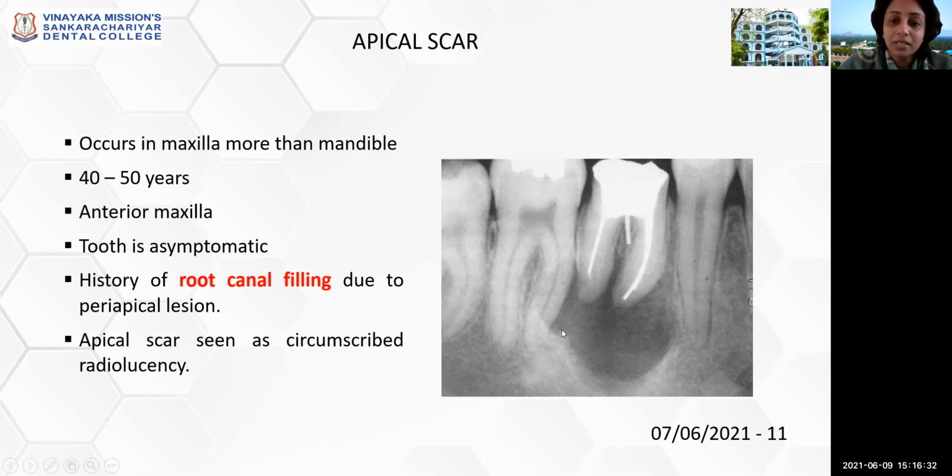As days go by, this radiolucency will heal. It will remain in the same site, or sometimes a reduction in size can be seen on repeated radiographs. As such, no treatment is required for such an apical scar, provided the tooth is asymptomatic and has been treated endodontically well.